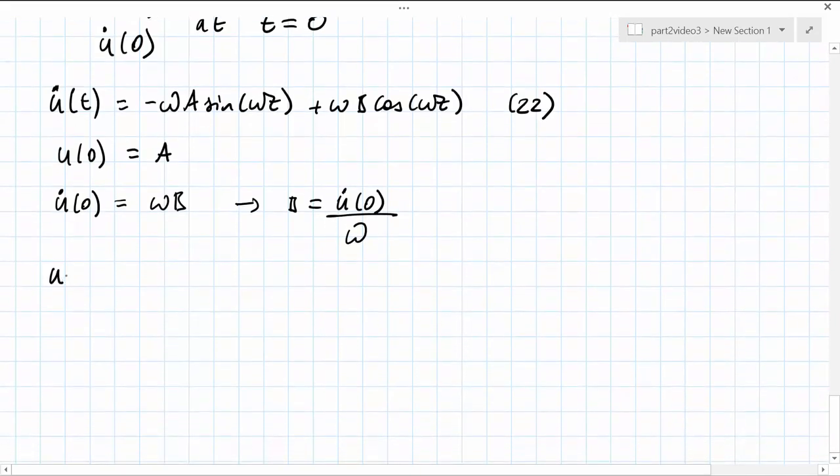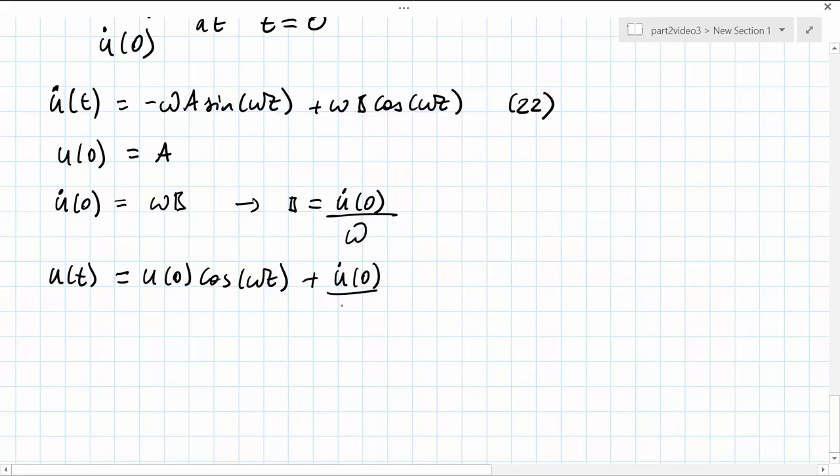So our solution now becomes u(t) equal to u0 cosine omega t plus the initial velocity divided by omega sine omega t.